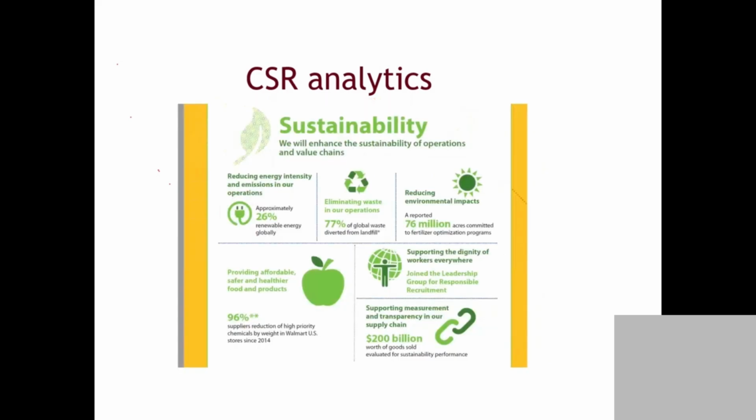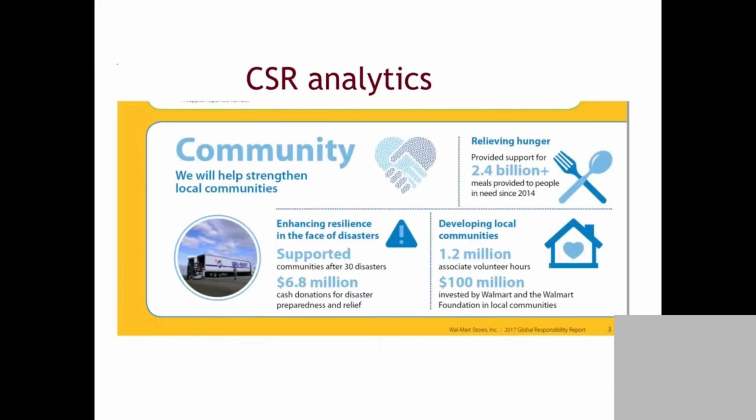And the next slide is about environmental. How do they save energy, and use renewable energy globally? How do they reduce carbon emission? These are all found in the CSR report, with some specific numbers on how much money they put into it. And you can see another page for communities, the social as well, right?